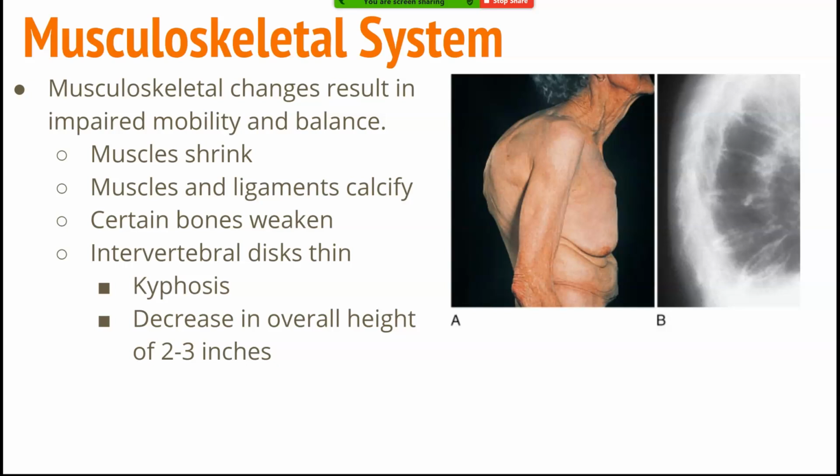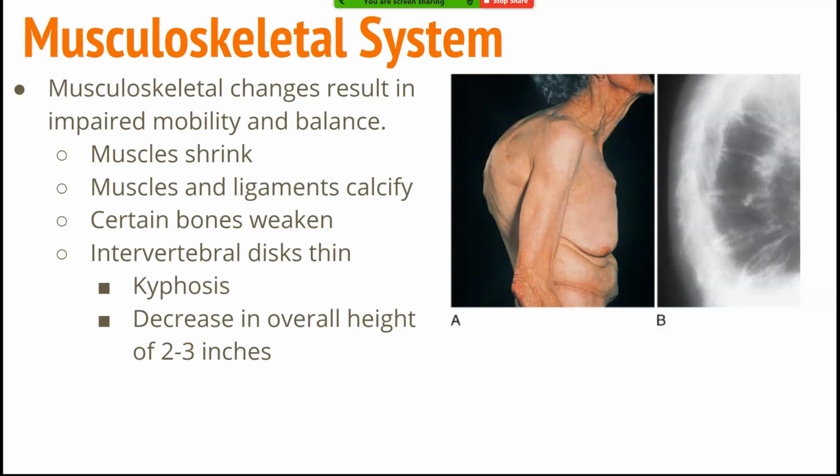Kyphotic patients can have a very difficult airway just based on the way that their neck is positioned, okay? It might be very challenging to put this patient in a collar or to tube them or to transport them comfortably, okay? And now also look at the way that the chest is shaped. Now you're also going to decrease the amount of chest excursion available, which means that it's going to be harder for this person to breathe.